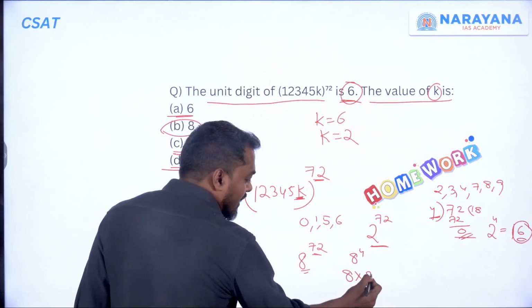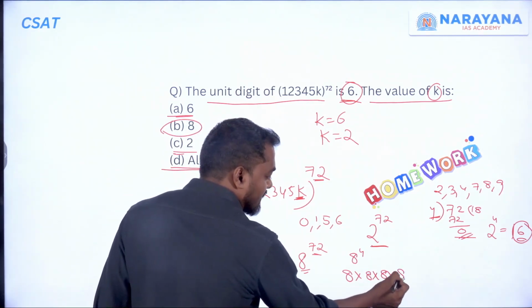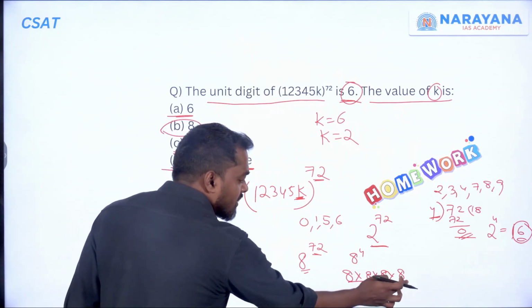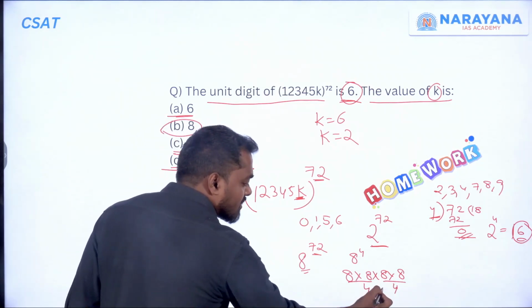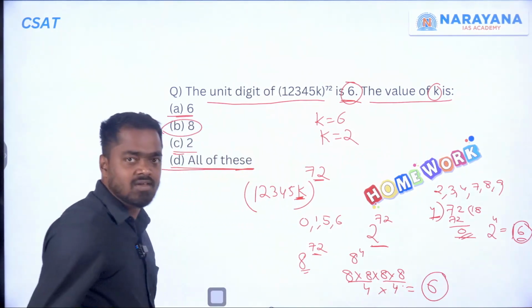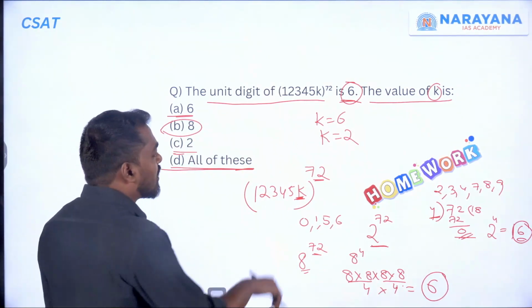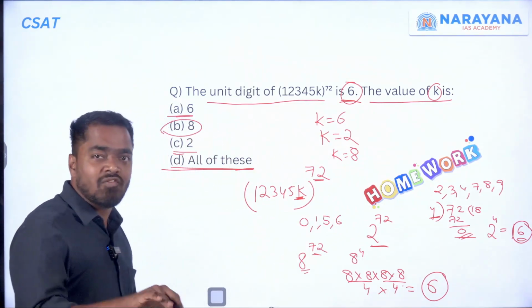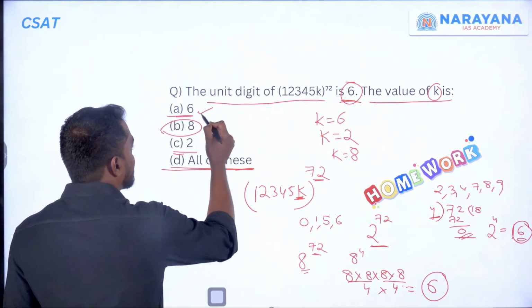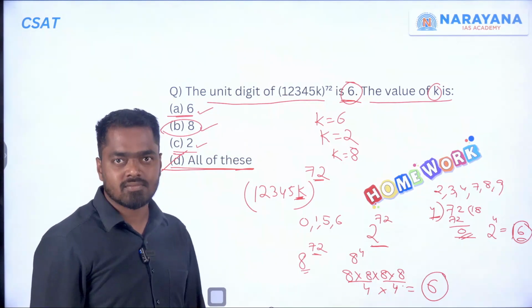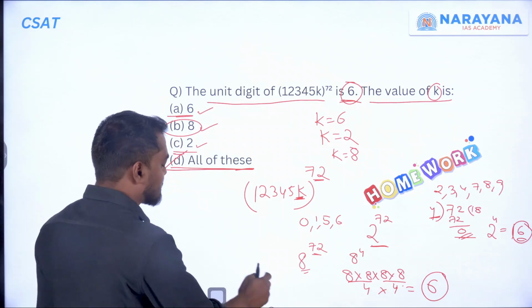So 8 into 8 into 8 into 8. 8 8s are 64, unit digit is 4. 8 8s are 64, unit digit is 4. 4 into 4 is 16, unit digit is 6. So even for 8 you are getting a unit digit of 6 only. So the value of k can be 6, 8, 2. So the answer is all of these. So this was the homework question given yesterday.